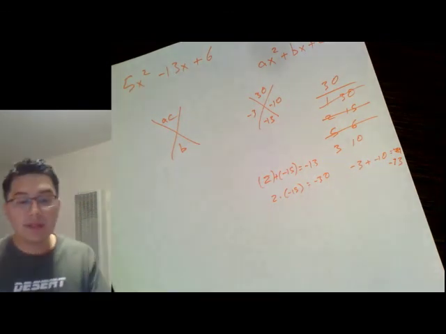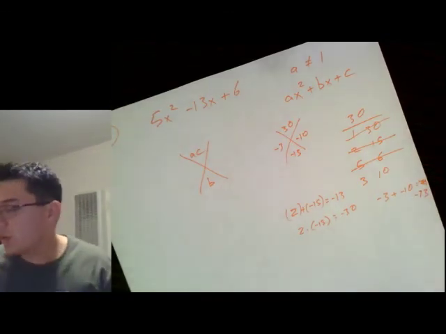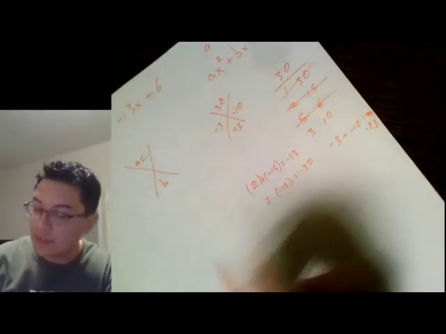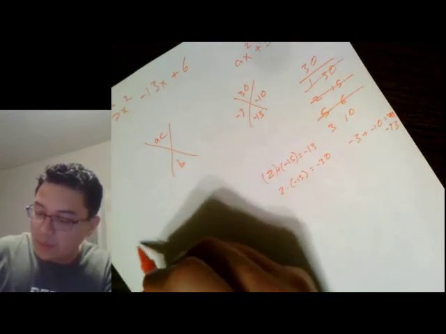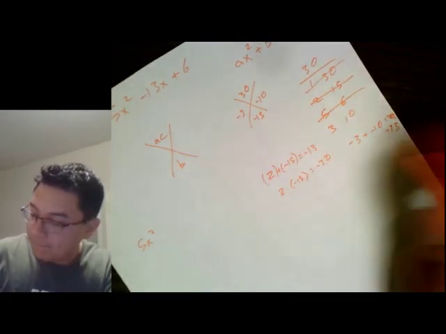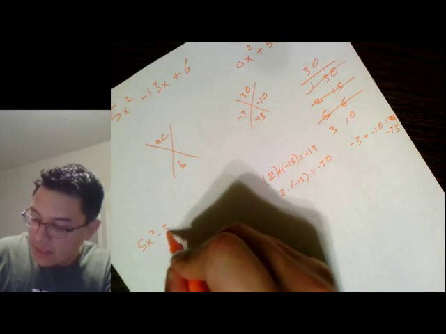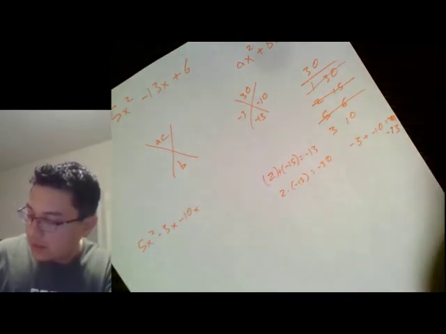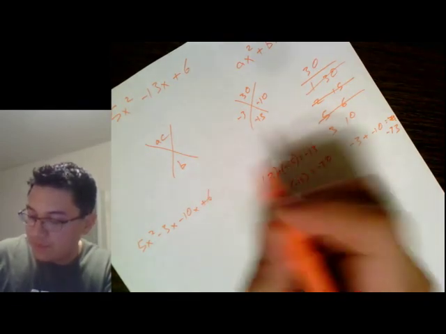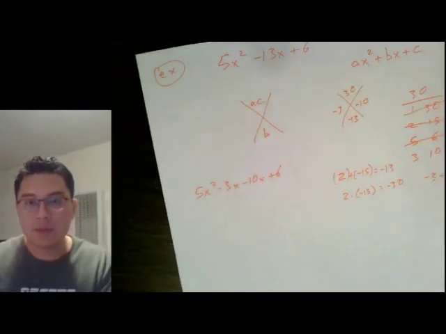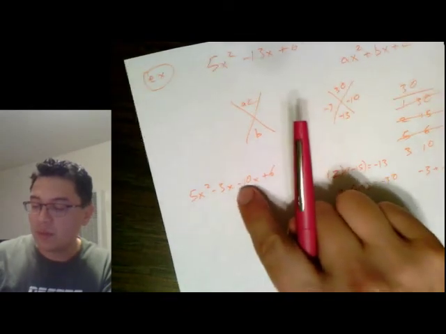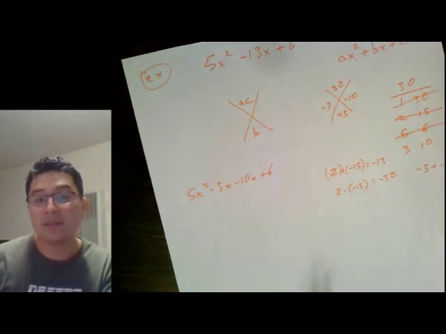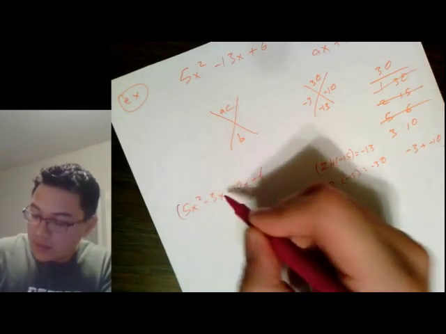So now that we've completed our X-man, we're going to expand the middle term like we did in the earlier example. So we will have 5x squared, minus 3x, and then minus 10x, and then plus 6. You might remember earlier I told you that the middle term, when we add our parentheses, always has to be positive. So we're going to put parentheses around these two.